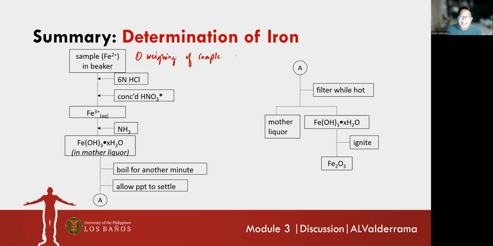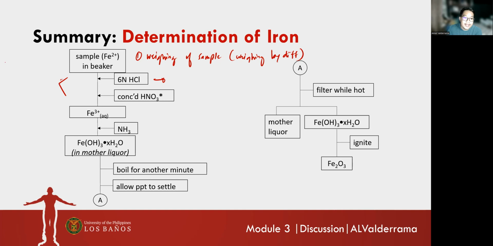And this is done by weighing by difference. Okay? Since we have 2 types of weighing, no, we have weighing by addition and weighing by difference. In this case, what we did is weighing by difference.